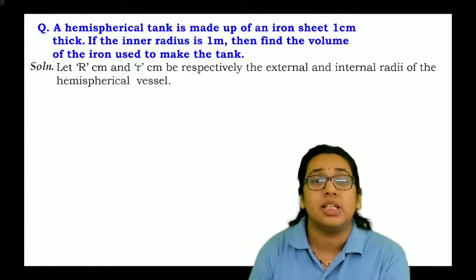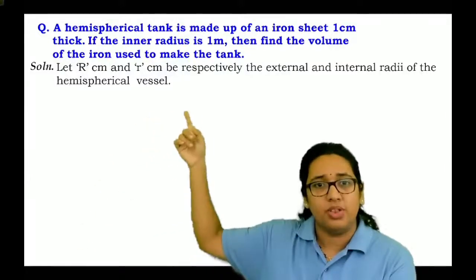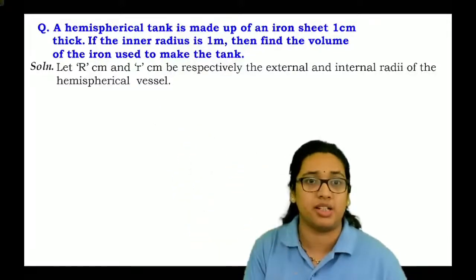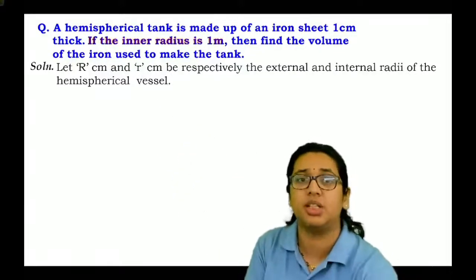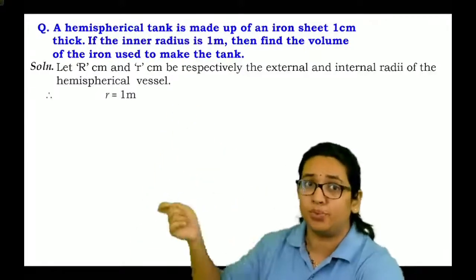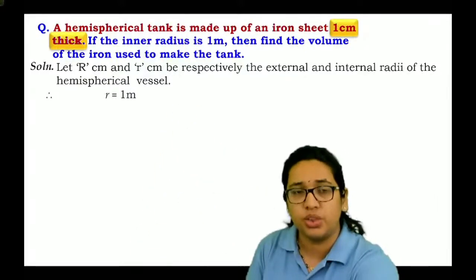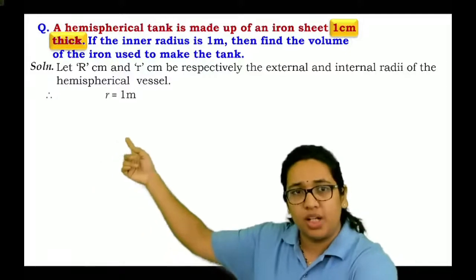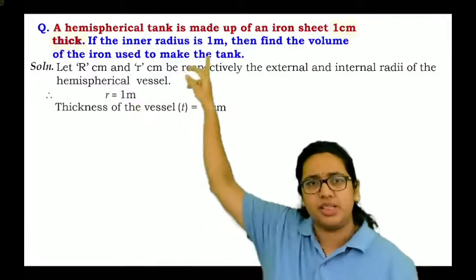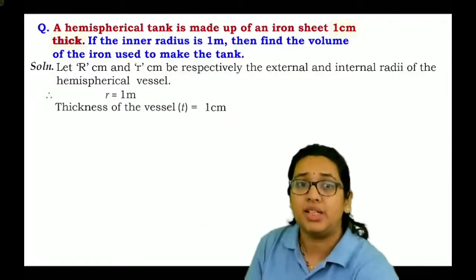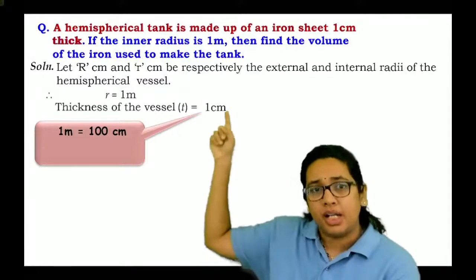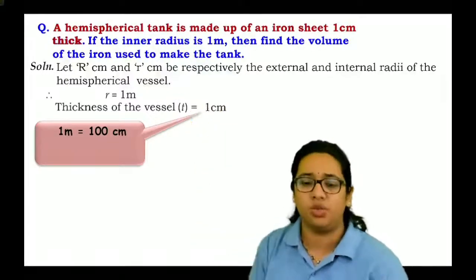See. Capital R will be the external radius and small r will be the internal radius for the hemispherical vessel. Because the inner radius was clearly given, right? So small r is nothing but 1 meter. Inner radius is given as 1 meter, and thickness of the vessel is 1 centimeter. But again we have to convert it into meter.